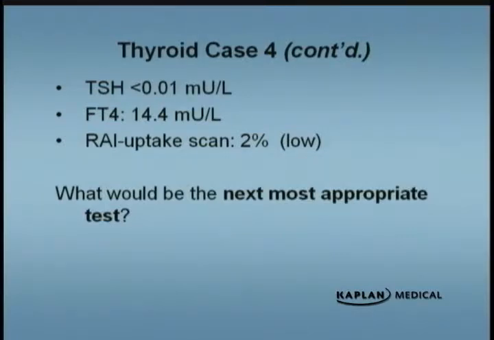So the next most appropriate test in this patient would be a thyroglobulin level, because you're concerned about factitious thyroiditis, that she's taking exogenous thyroid hormones, either to lose weight or for other psychological reasons.